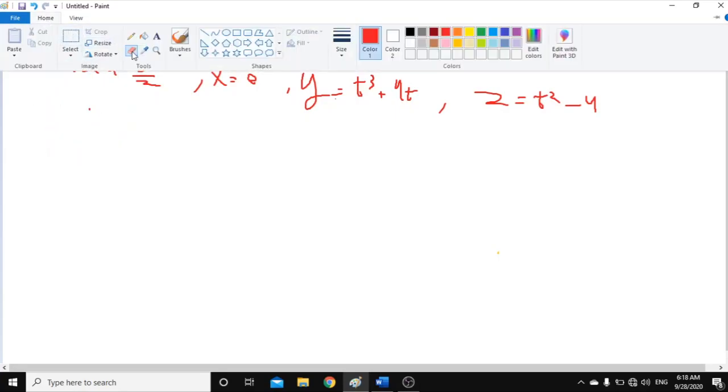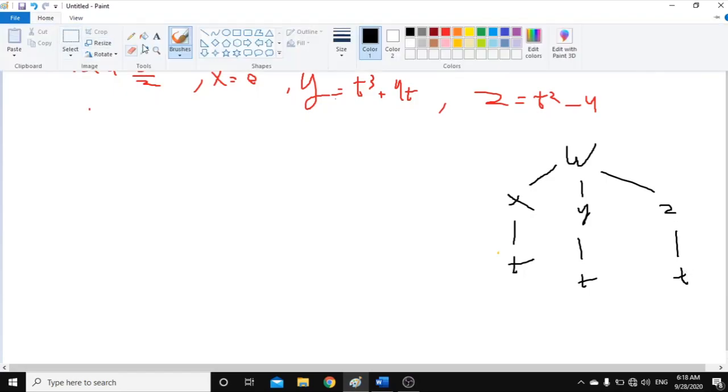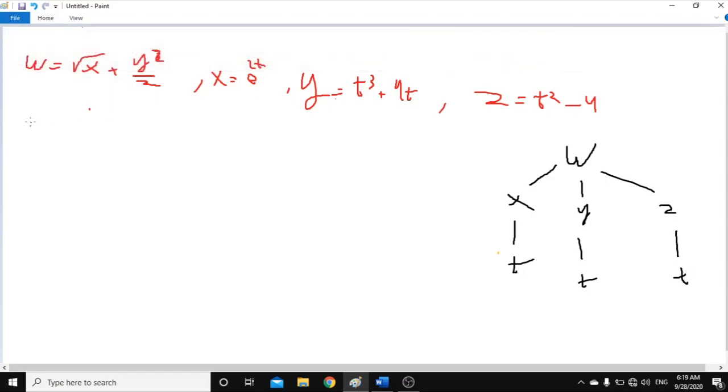So let's write a diagram quickly to understand the concept of this equation. We have a w here, and the w consists of three variables. It has an x, a y, and a z. X, y, and z are functions that consist of only one variable, which is the t. Only the t. So from here, everything has become very easy.